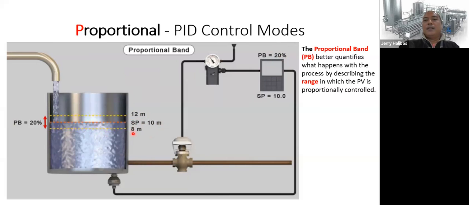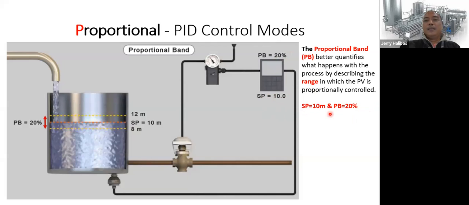The proportional band better quantifies what happens with the process by describing the range in which the process variable is proportionally controlled. So, the given is the set point is 10 meters, then the proportional band is set to 20%.